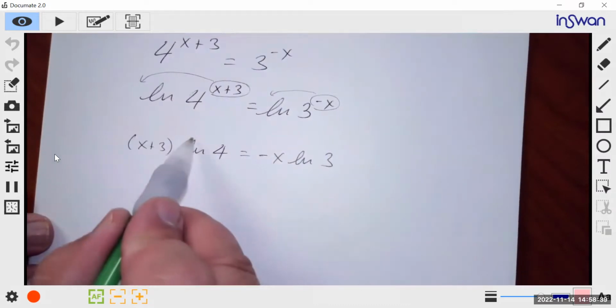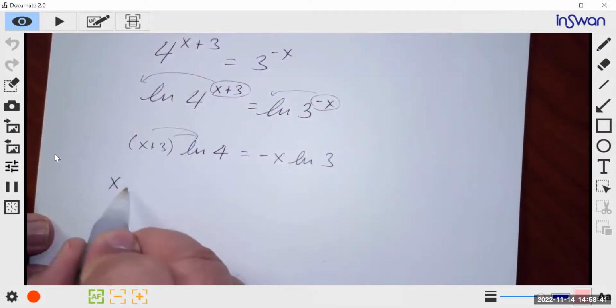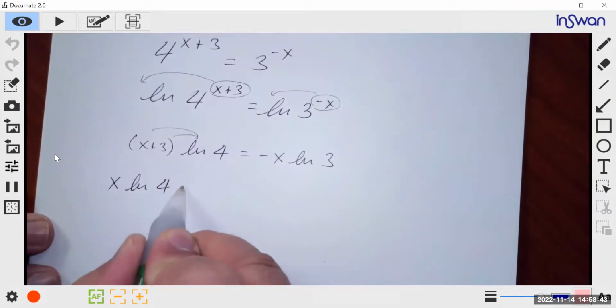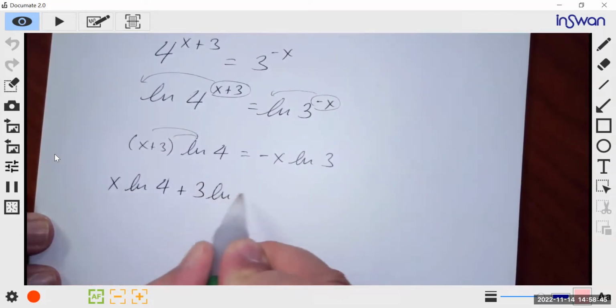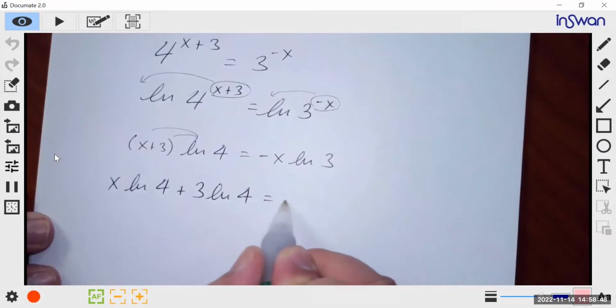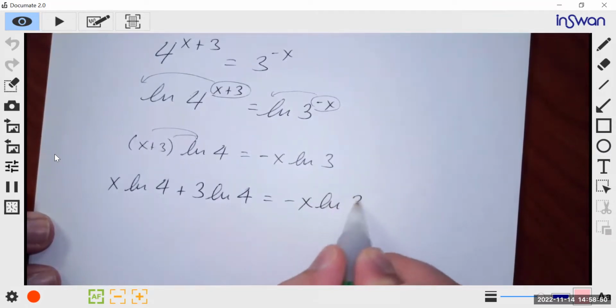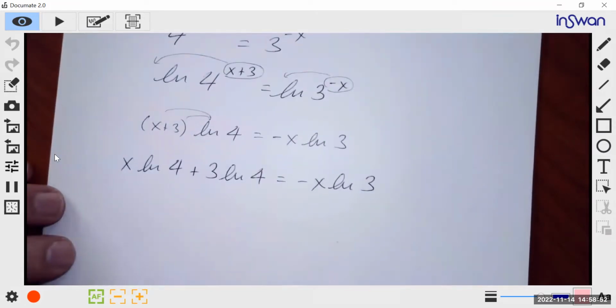I have a parenthesis, so I have to get rid of the parenthesis. I have x ln 4 plus 3 ln 4 equals negative x ln 3. Let's get all the x's to one side, all the non-x's to the other side.